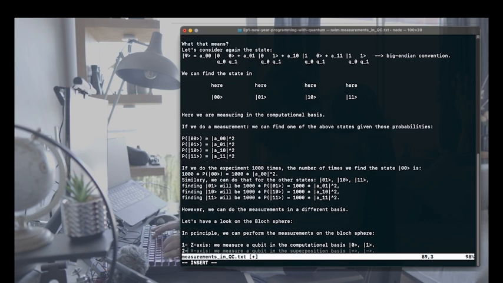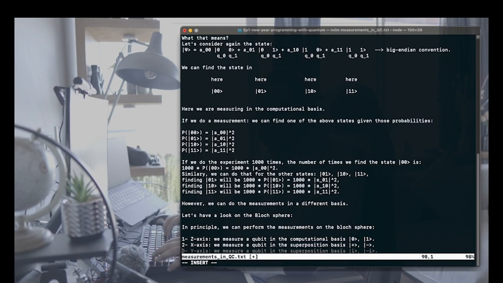Or we can perform the measurements on the x-axis, which means that we use the Hadamard basis, basically the plus minus basis. Or we can measure it on the y-axis, which means that we perform the measurements on what's called the left and right basis.